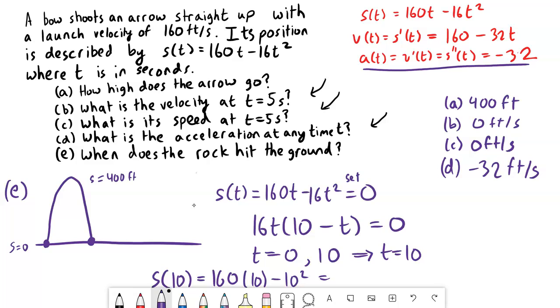And let's see. Minus 16 times 100. That is, well, 0. Right? So it makes sense, right? We plug in 10 and we get 0, so it's at position 0, just to confirm our belief that it is time 10. So it hits the ground at time 10 seconds, and we're basically done with this problem.